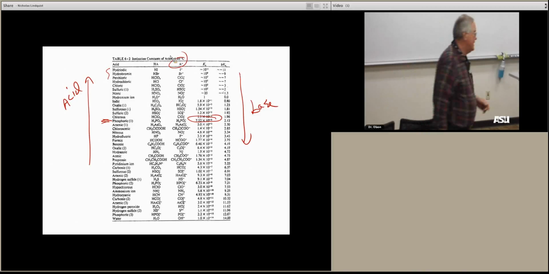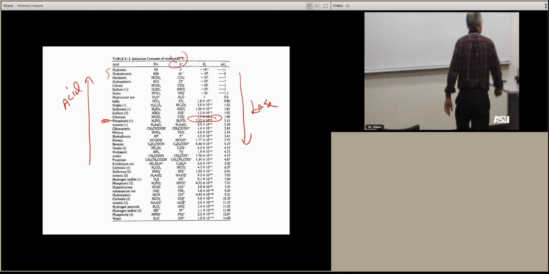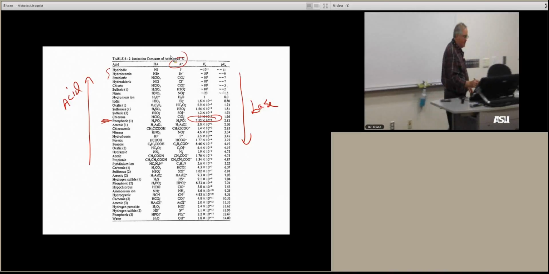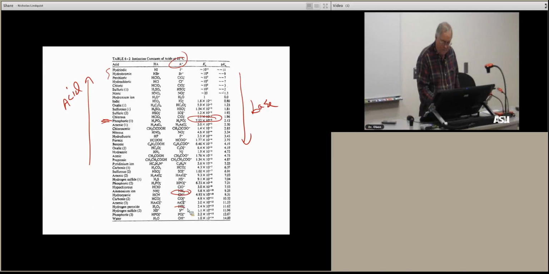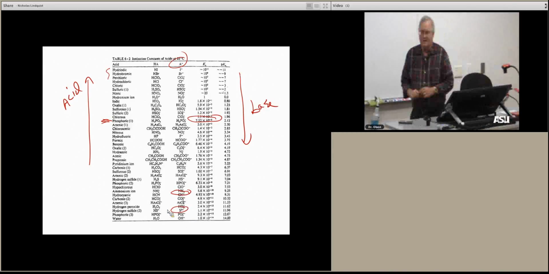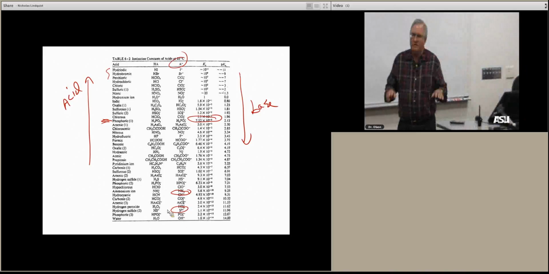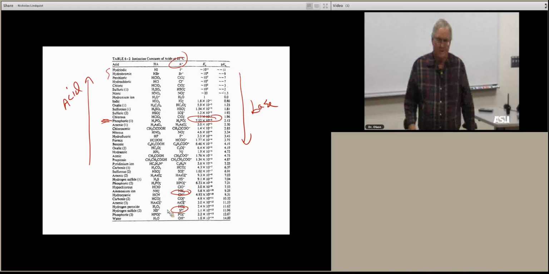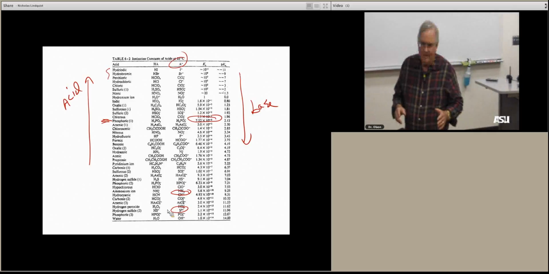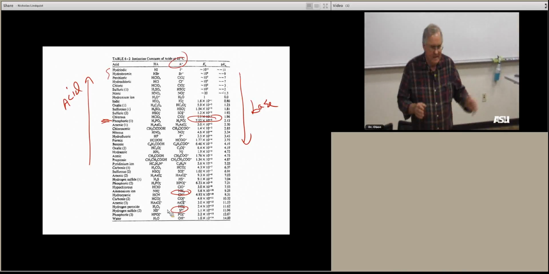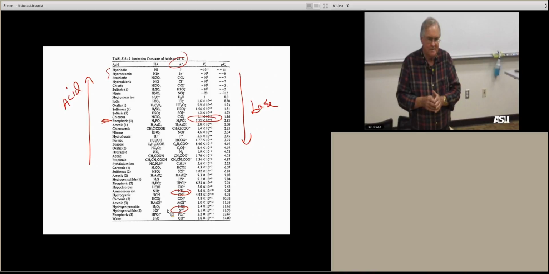On the other hand, if we go down to the bottom of this column and we start looking at some of these materials like cyanide or sulfide, okay, these are the conjugate bases of very weak acids. So if you're HCN, that's a very weak acid. So cyanide's a pretty strong base. It has a tendency to grab a proton.